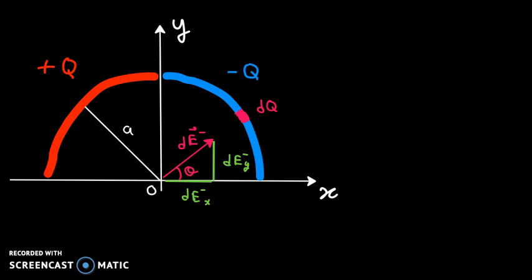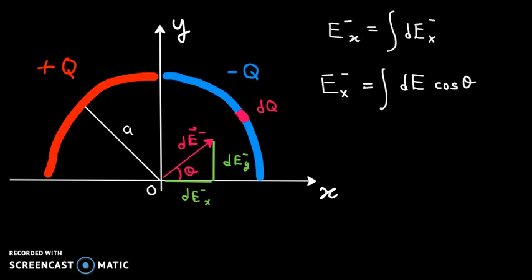Now I'm going to call this electric field vector dE minus, and the components, dE minus sub x and dE minus sub y, are as shown in the picture. So let's go ahead and express these components, starting with the x component. The x component of dE is going to be equal to dE times cosine theta. Again, this is negative dE, so I have a negative sign here to indicate that we're working on the negative charge distribution.